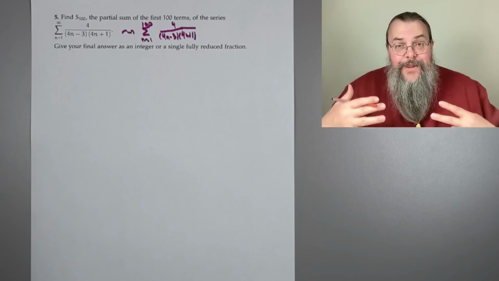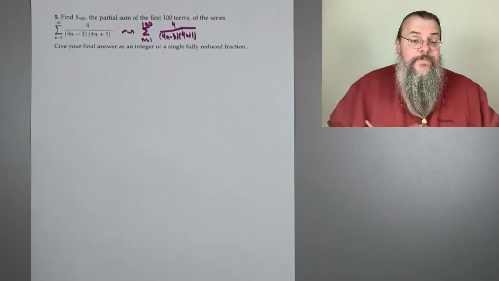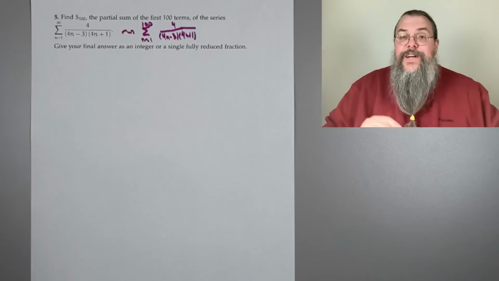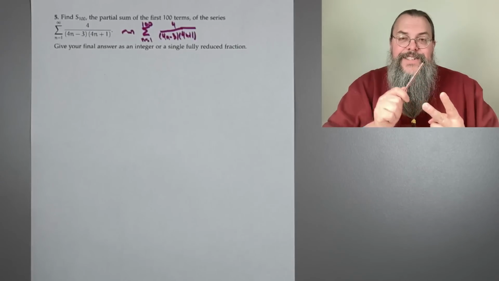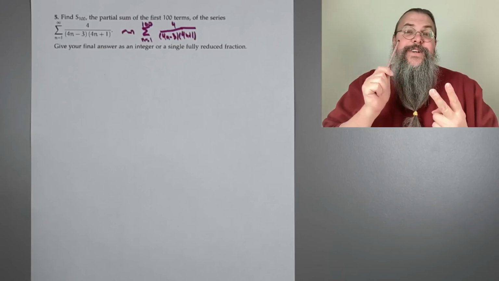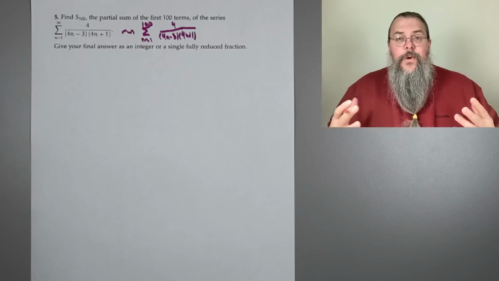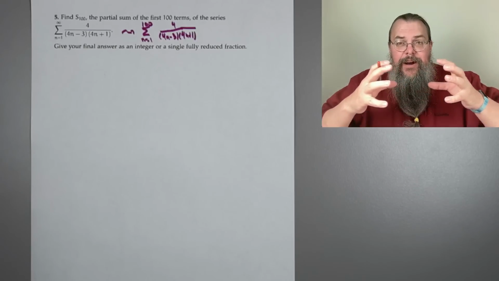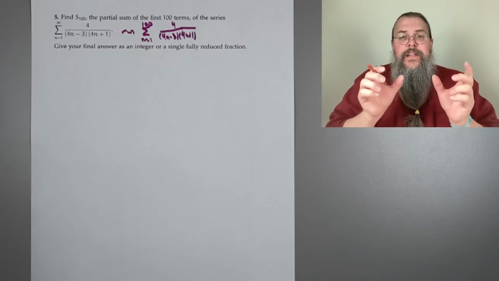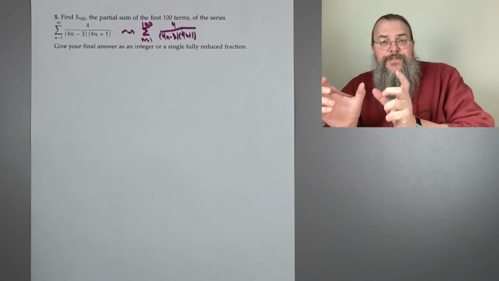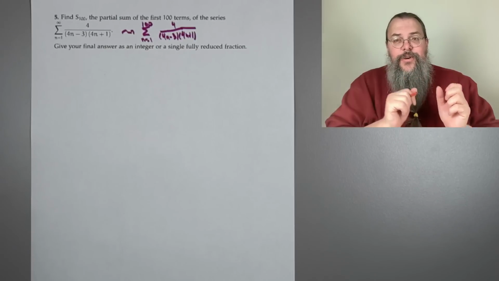You're looking for something raised to the n. There are no nth powers there, so it's not geometric, which means we're looking at telescoping. What's telescoping? We write our expression in such a way that things cancel.